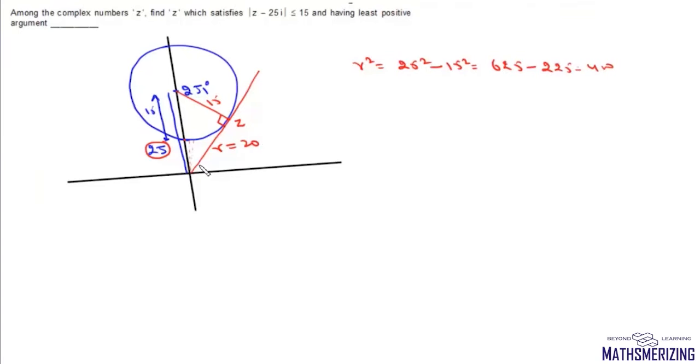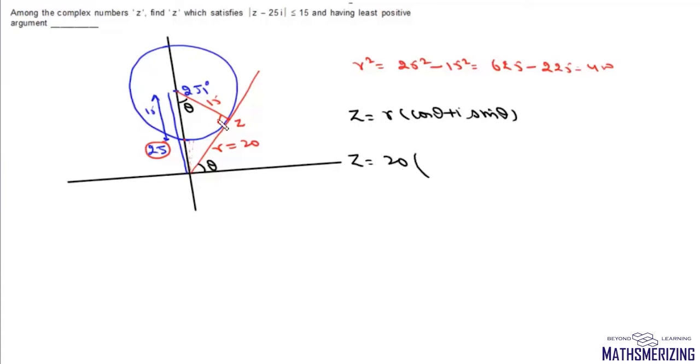Now we'll find this theta also. Now if this is theta, this is 90 minus theta, this again is theta. Now we can write this z as r cos theta plus iota sin theta. So this z will be r, which is 20.